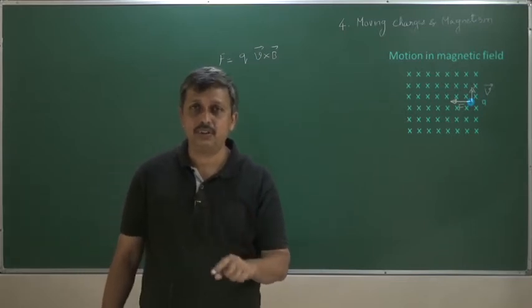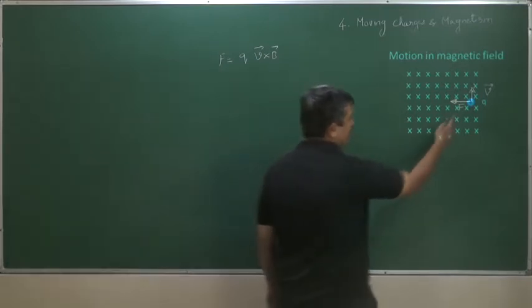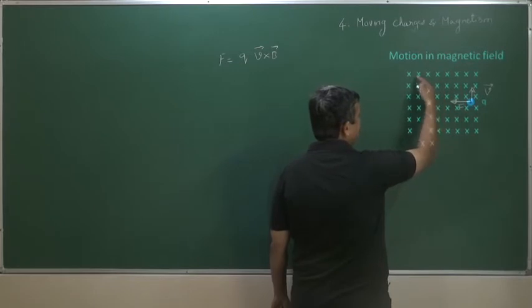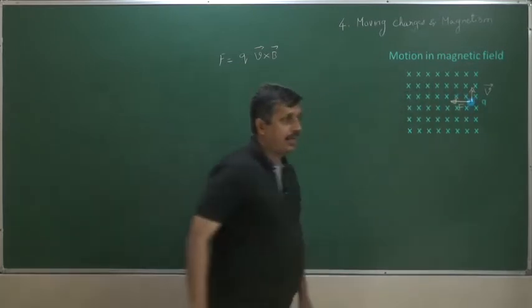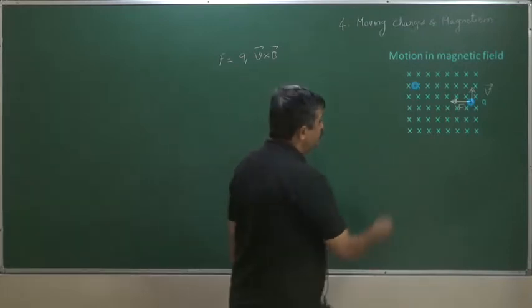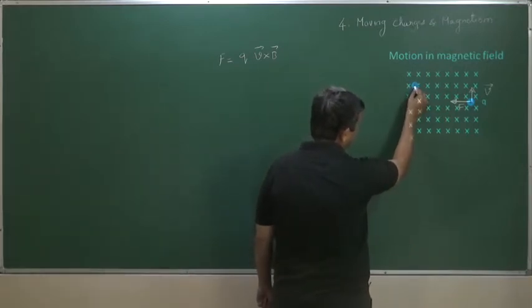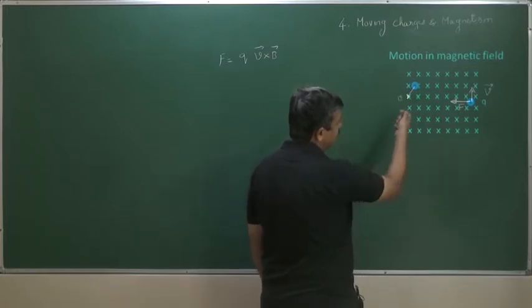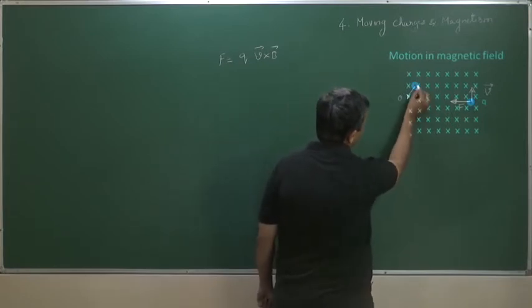So, it changes the direction of this velocity, and let us say it keeps going in this path and reaches another point. At this point again, the velocity will be in this direction, and we can very clearly see v cross B will again be in this direction.